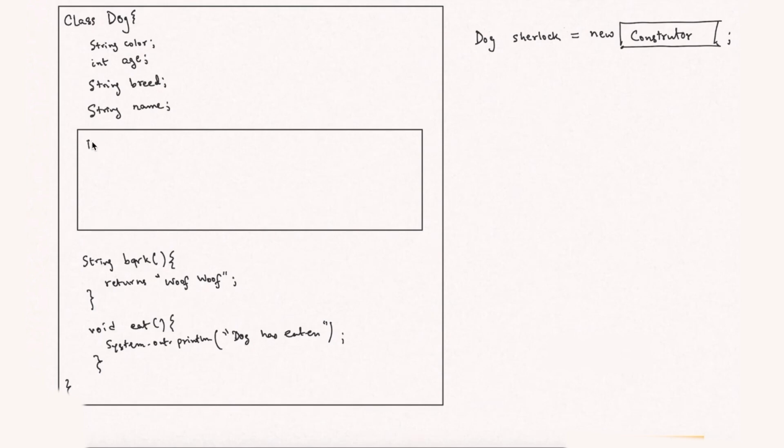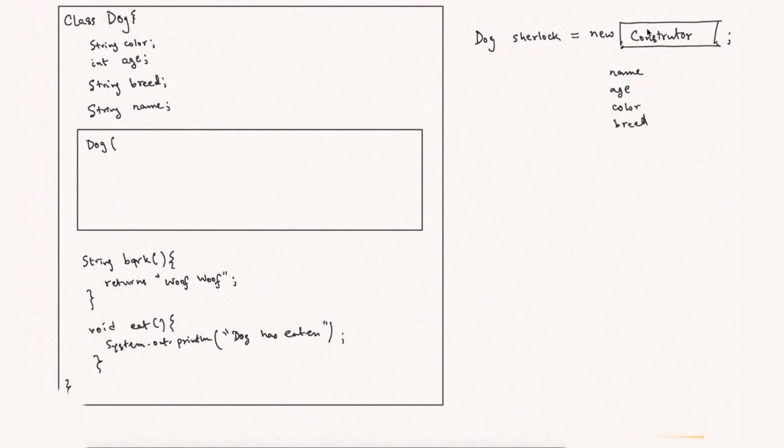So we say dog, and then we have to define the different inputs that we want to put here. All right. So at first, let's say whenever we're creating a new dog, at first we want to input its name. Then we want to input its age, let's say. Then we want to input its color. And then we want to, let's say, input its breed.